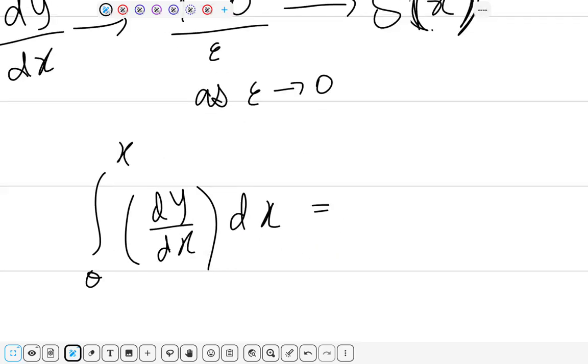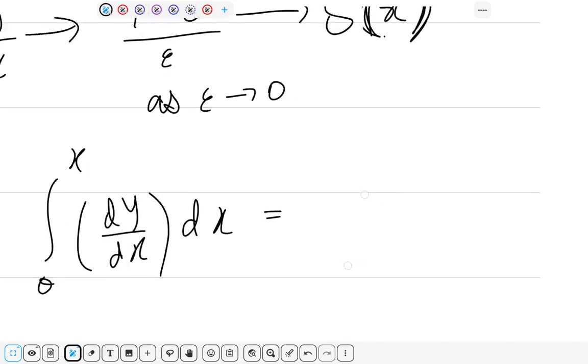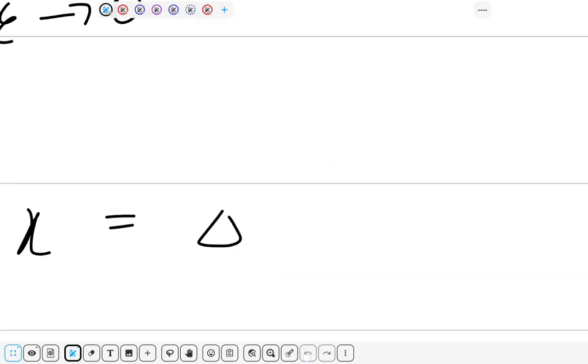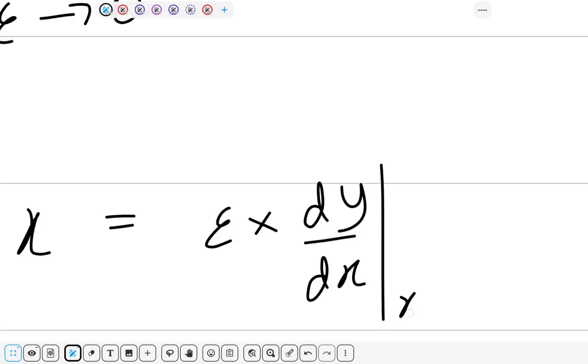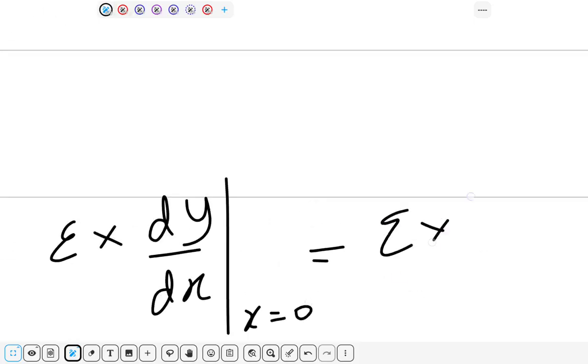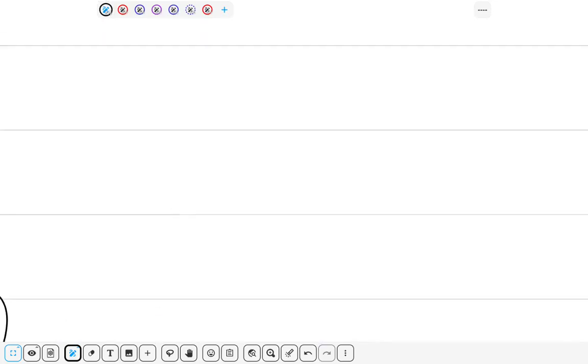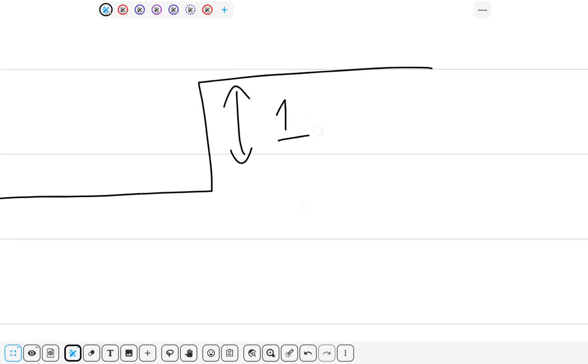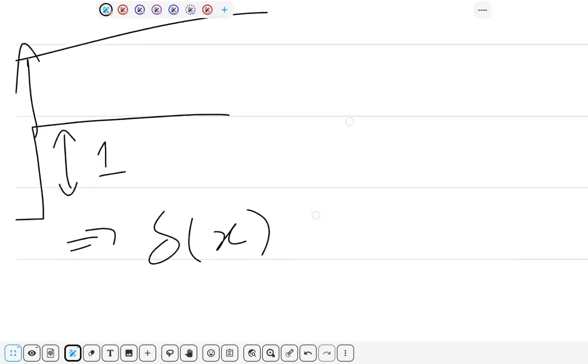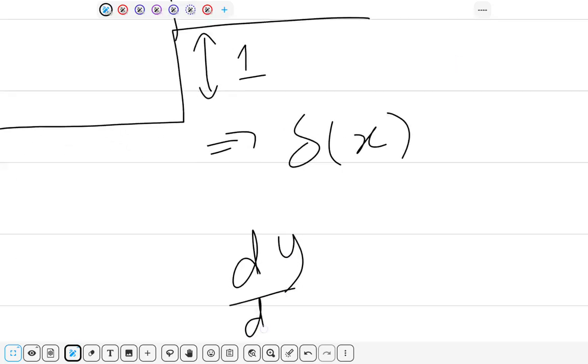So you can see this actually kind of works, right? You only have to care about that small epsilon at the origin, and you get epsilon times 1 by epsilon, and this gives you 1. So I will define my delta function like this. If you increase one step, this will be my delta function. If you increase 2 steps, then my derivative will be 2 times the delta function, and so on.